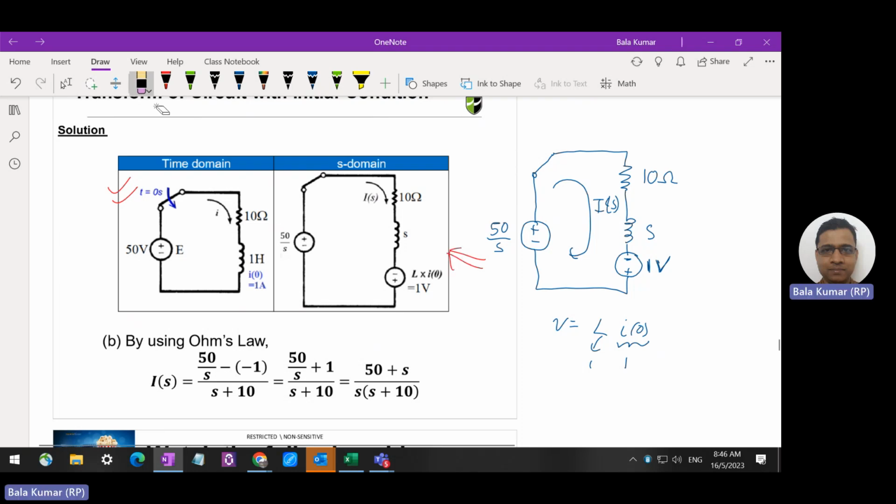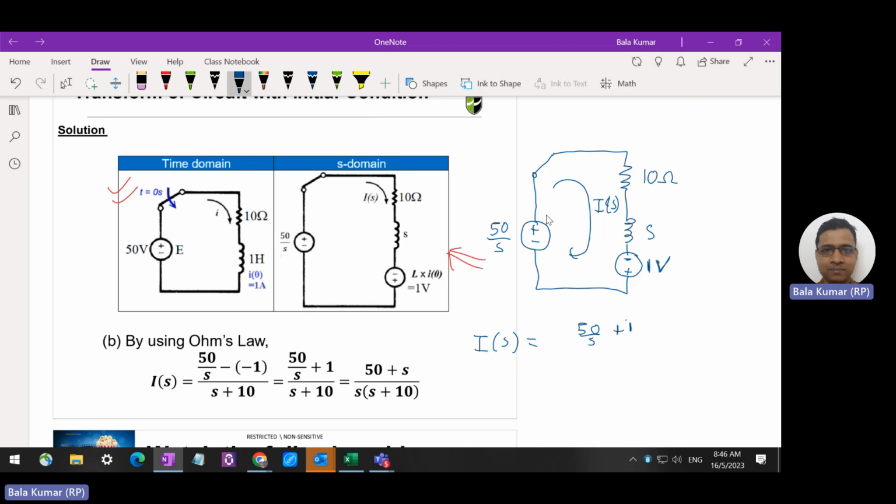Next, we want to find the transfer function I of S. Again, we just apply Ohm's law. I of S equals the sum of all the voltage sources divided by the total impedance. This is 50 over S, and then for this voltage, since current is entering the negative terminal, it should be plus 1.